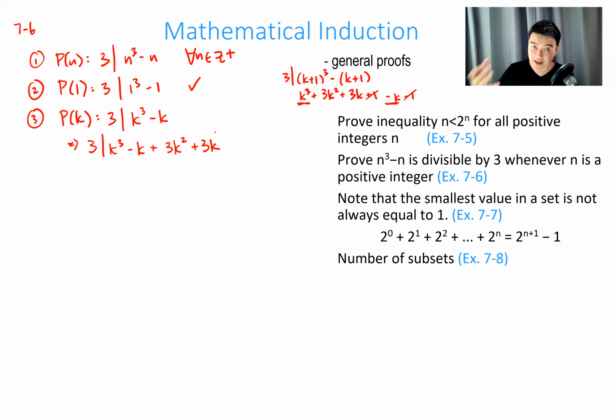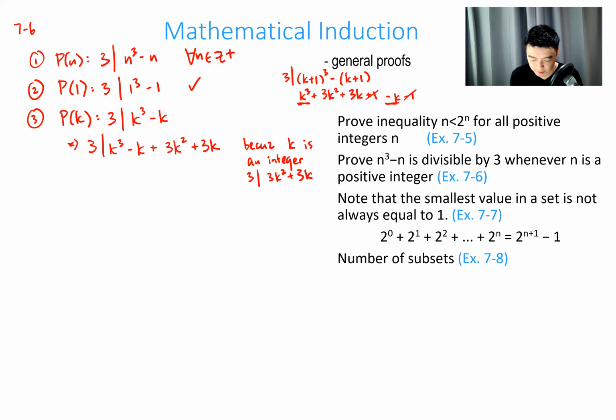Now, I can make a claim here, and I can just put on the side because k is an integer, right? And 3 divides 3k squared plus 3k.